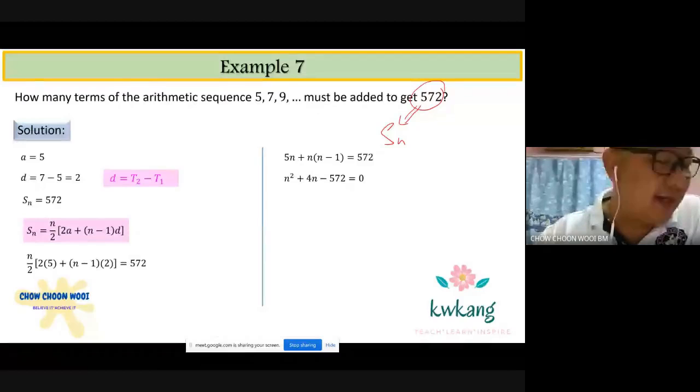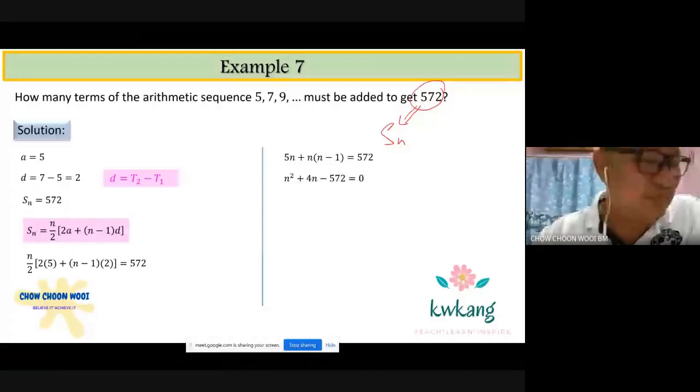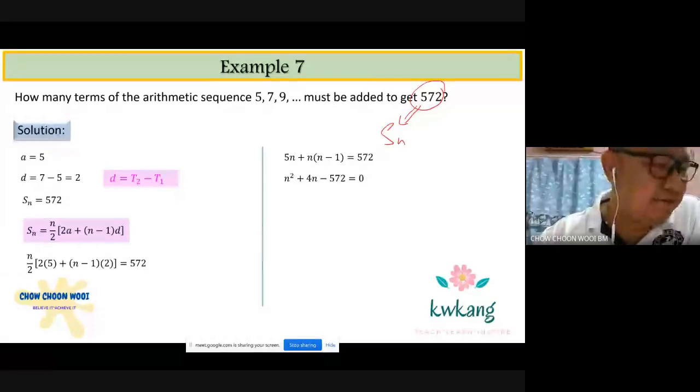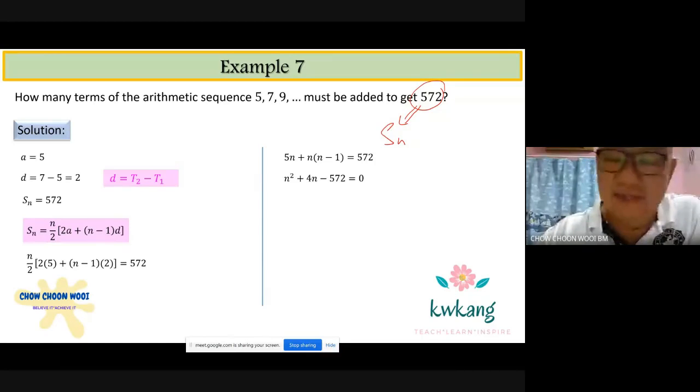Kalau quadratic ada berapa kaedah? Ingat tak? Quadratic ada berapa kaedah untuk kita selesaikan? Okay.